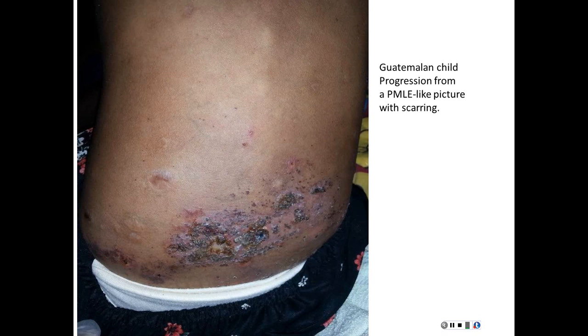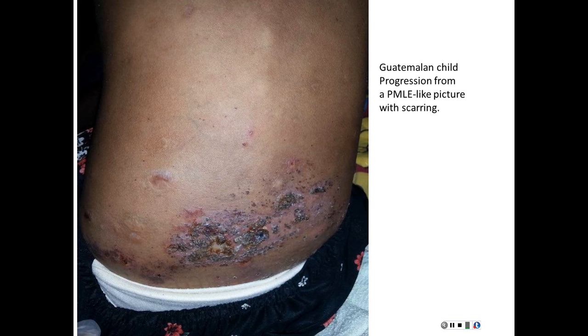So when you have a photosensitive PMLE-like thing that scars, what are you thinking? Hydroa. And then hydroa that starts to ulcerate and crust in a child, do you think of? Yeah, hydroa-like lymphoma. That's absolutely correct. So that's what the concern would be.